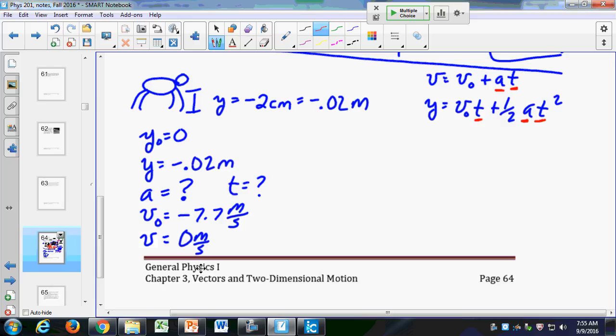So you want to look at this. There is an easy way to do this so that you don't have to use the quadratic formula. The easy way is to solve this for A, and then plug that in here. And let me show you why. If I solve that for A, A is V minus V naught over T, and then I plug it in here.